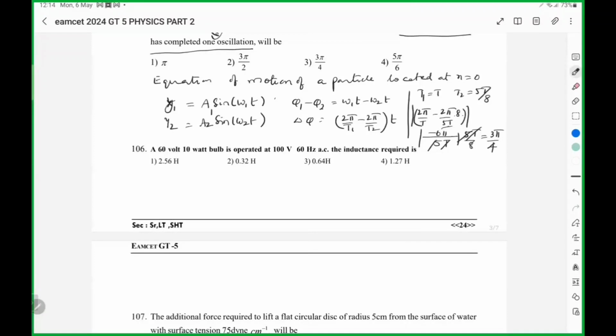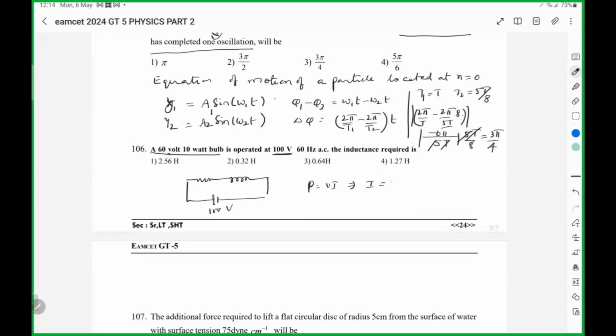A 60 watt bulb operated at 100 volts. Take the bulb as a resistor; the resistor and inductor are connected in series, connected to a 100 volt supply. 60 watt, 60 volt: power equal to VI.